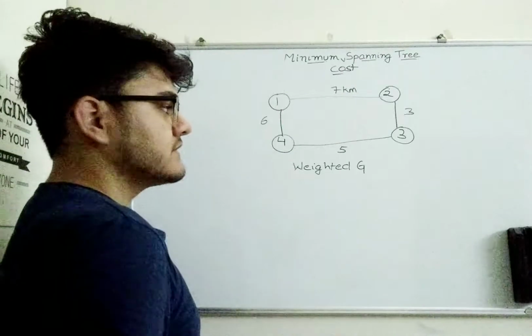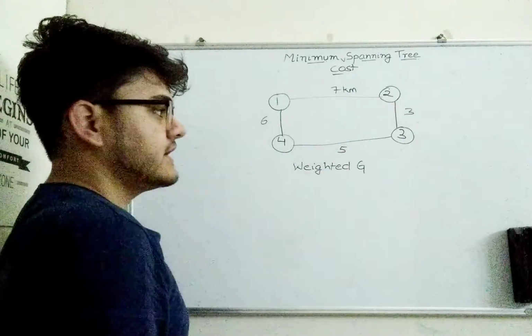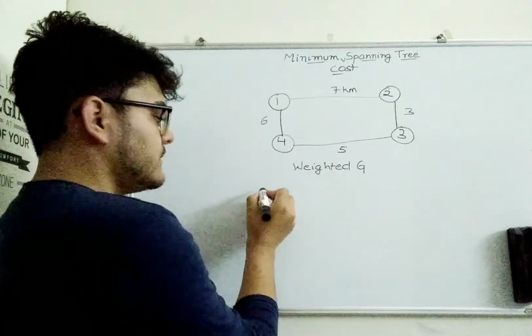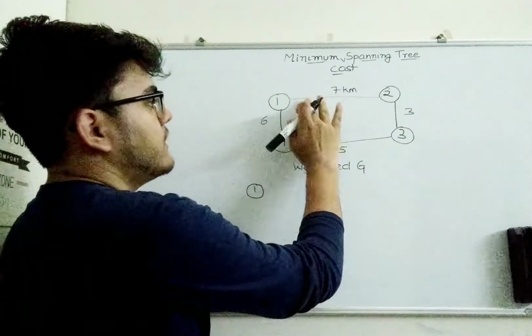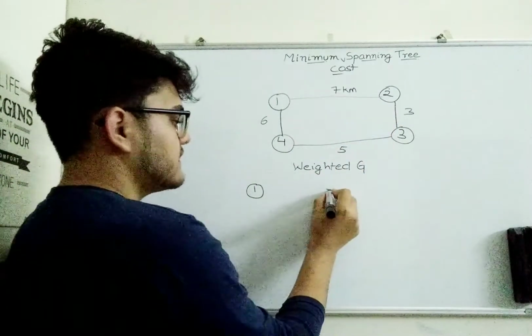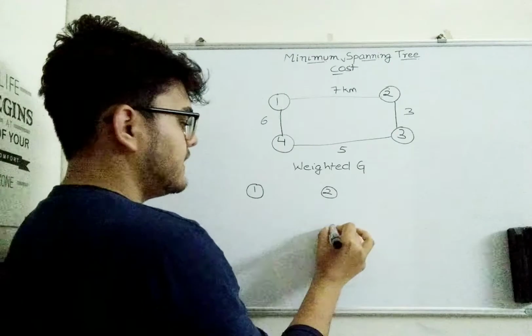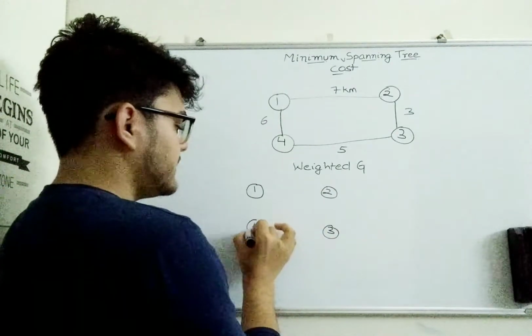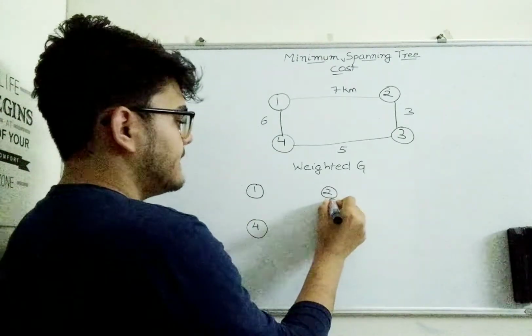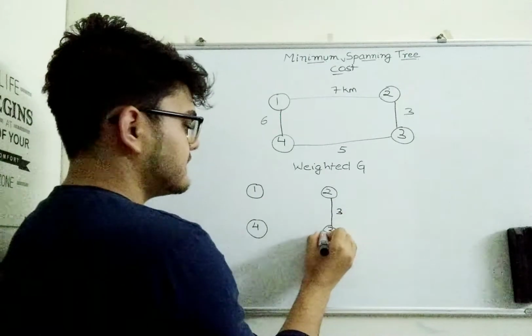So let's construct some minimum spanning trees of this weighted graph. Now let's say I will remove this edge, so I will get a spanning tree like this.